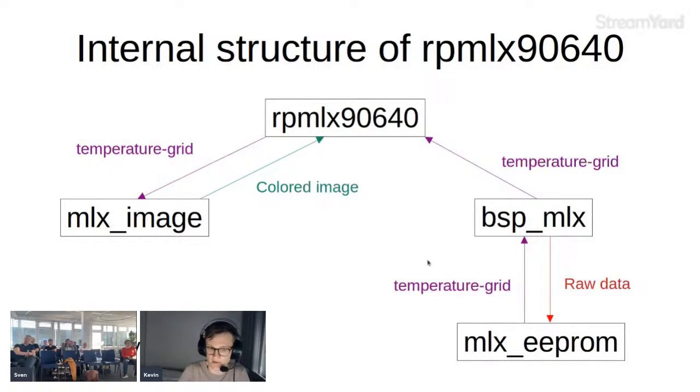But luckily, all the formulas needed are listed in the datasheet of this MLX camera, so I did not have to implement this myself. I just had to translate it into Rust. I did it in a day, and now it's complete and it works.